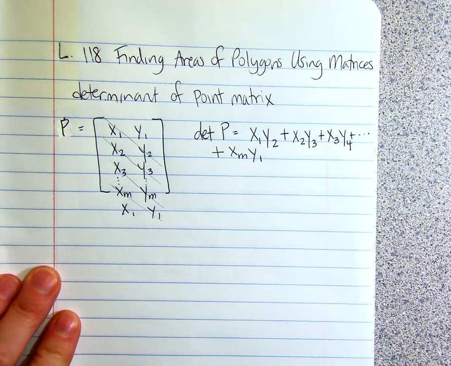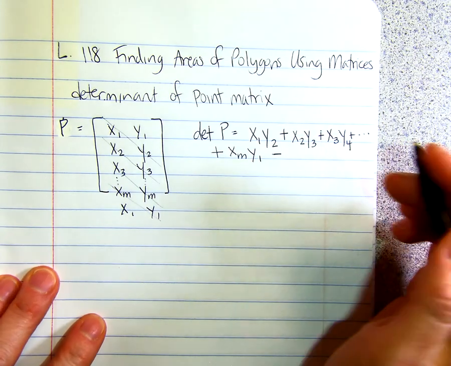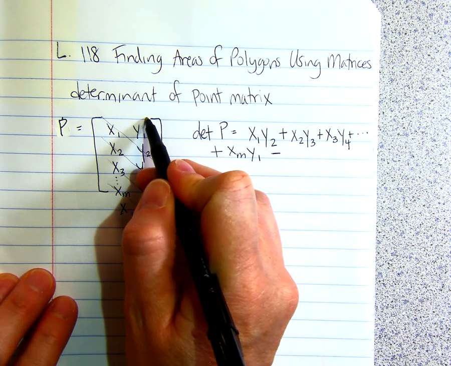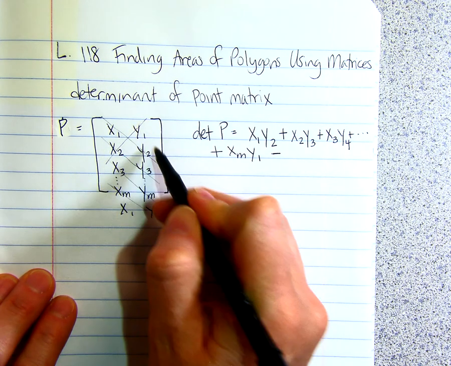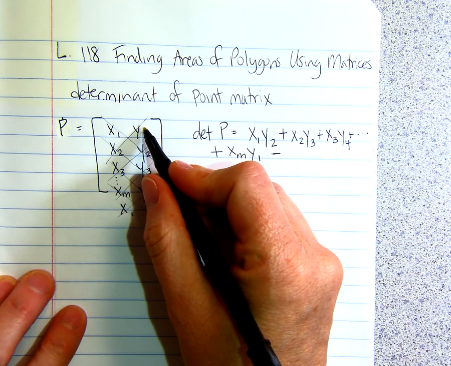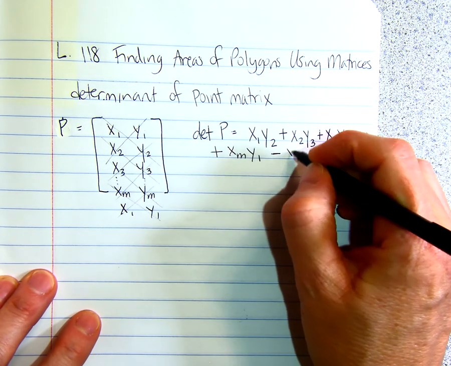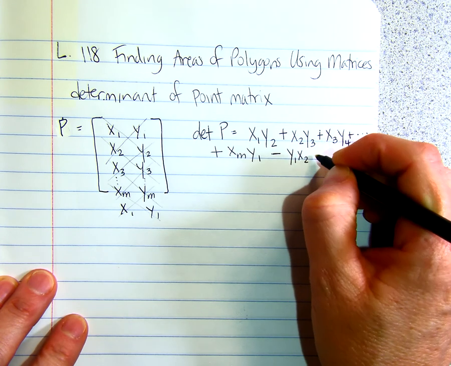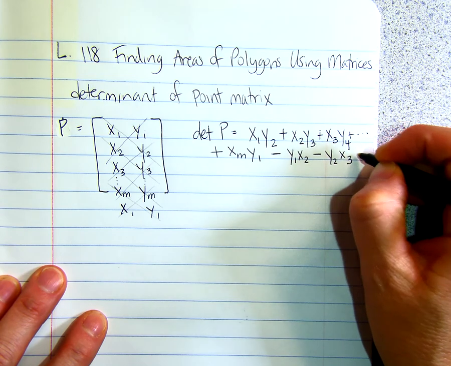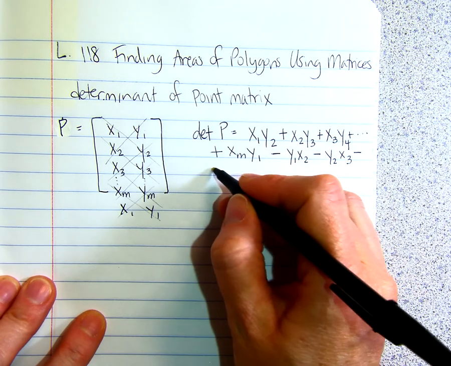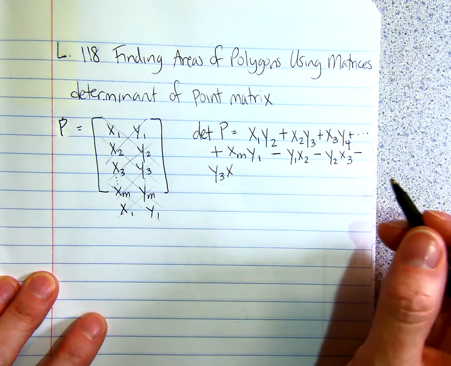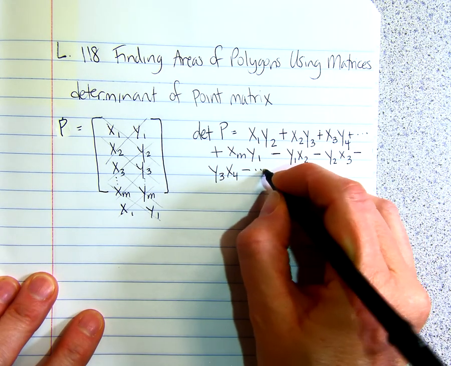Then you subtract off the product of each term going this way. So you multiply them this way: y sub 1 times x sub 2, minus y sub 2 times x sub 3, minus y sub 3 times x sub 4, minus and so on.